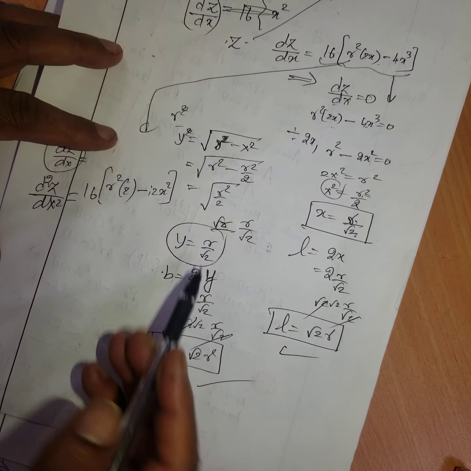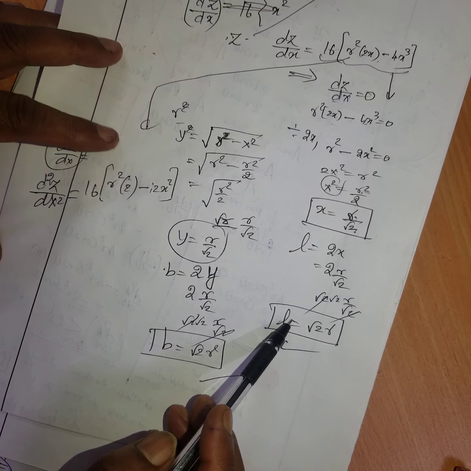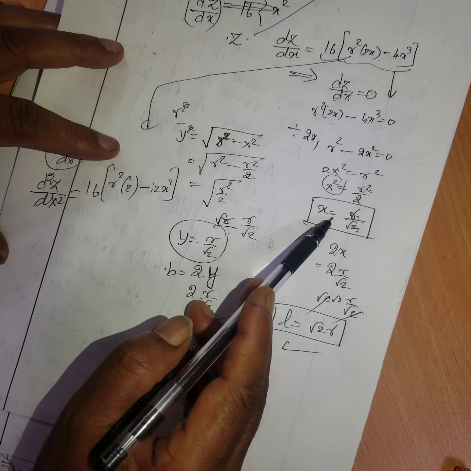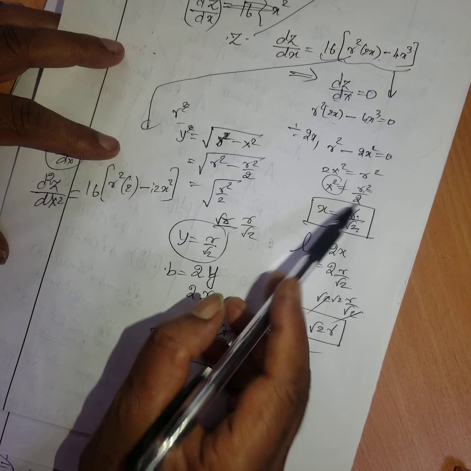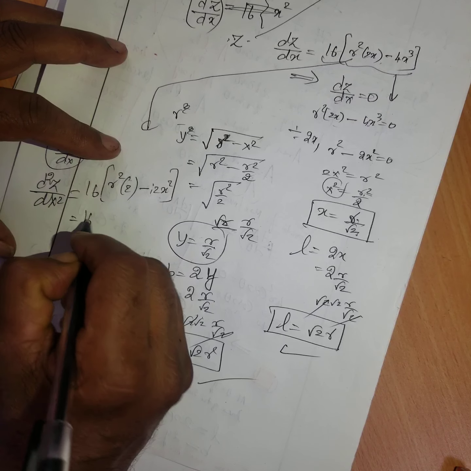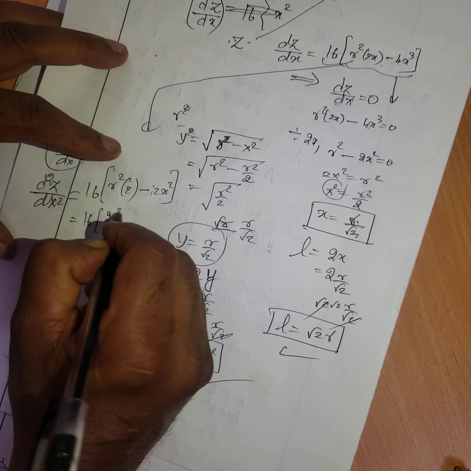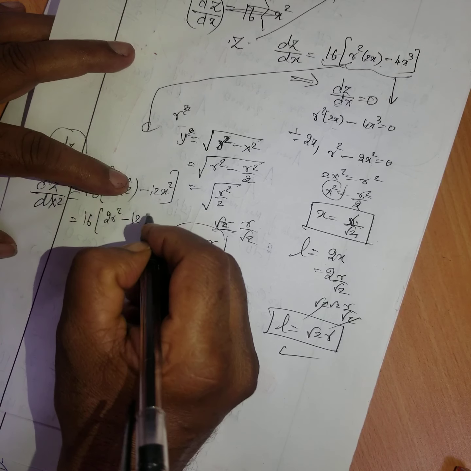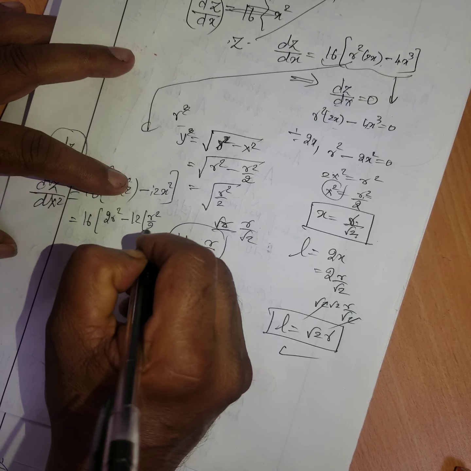Then substitute the value of x. What is the value of x? x square is r square by 2, right? That means 16 times 2r square minus 12 r square by 2.